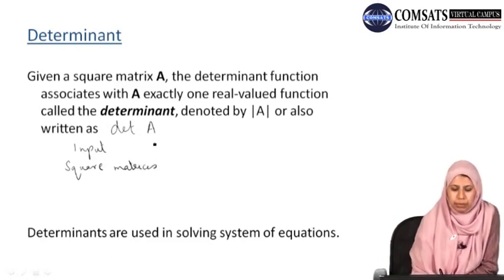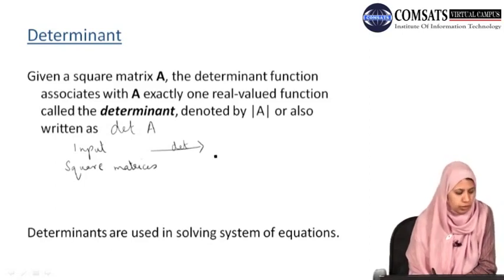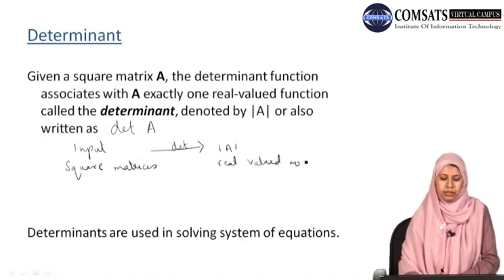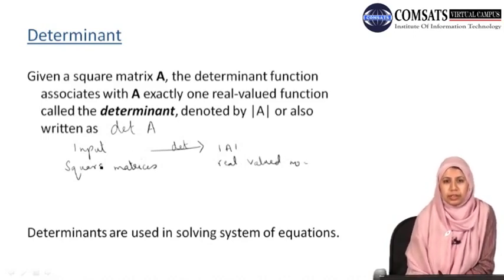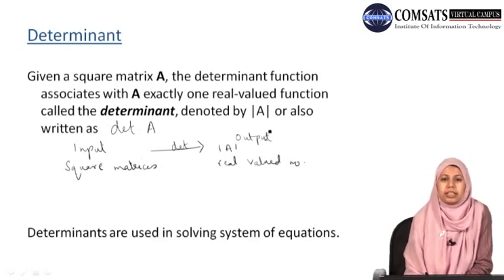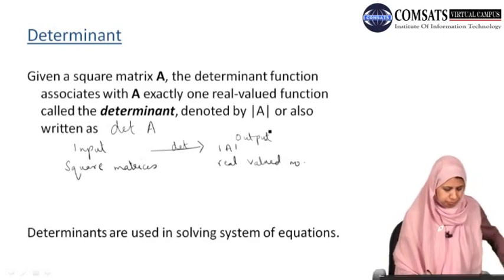And this determinant function is doing nothing but associating with each square matrix a real valued number. So we are given a set of square matrices and the output is only a real valued number, which is the determinant of the matrix, and the determinant is unique and associated to the given matrix.